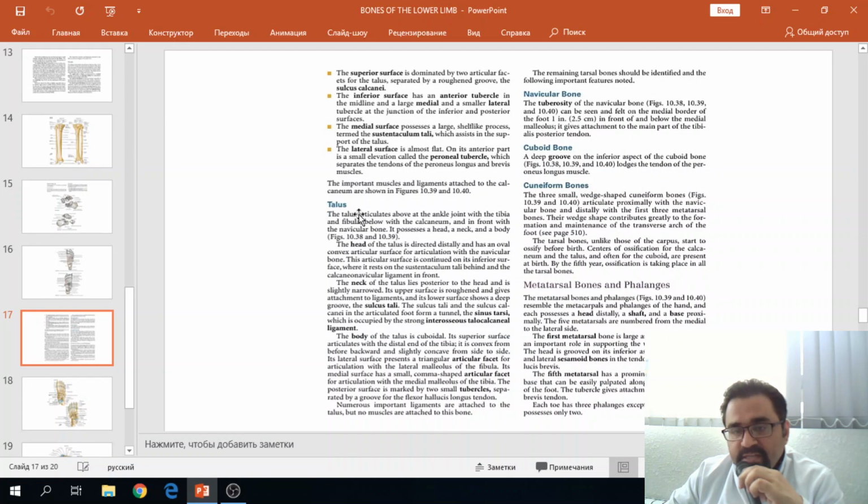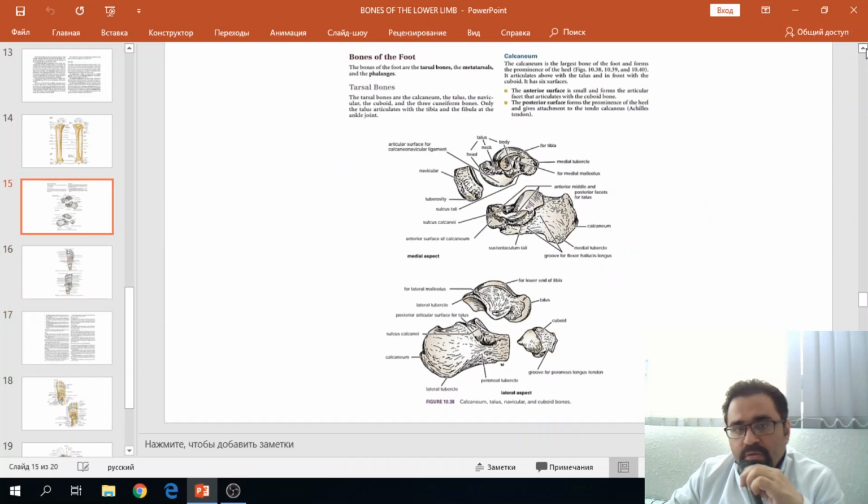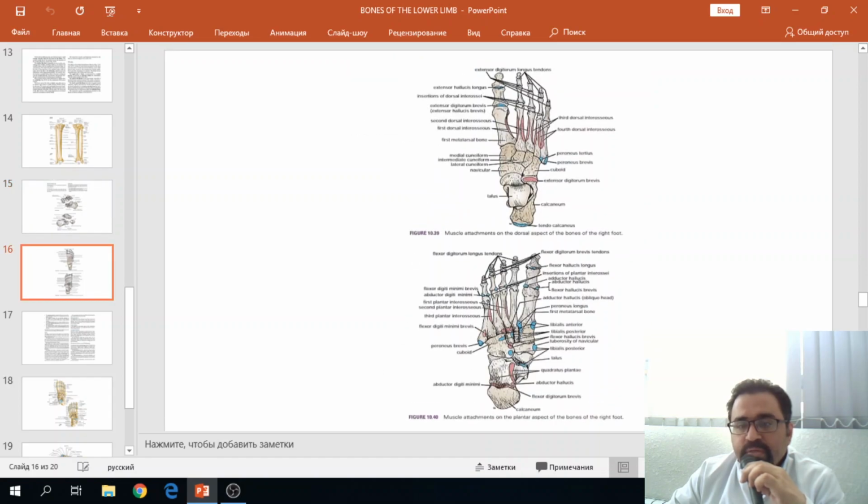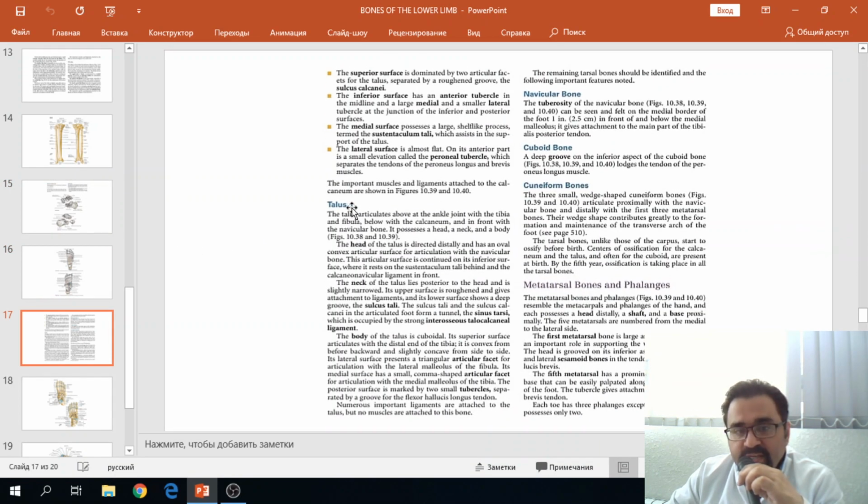This is talus, the first tarsal bone is calcaneum. Then there is talus, which has head, neck, and the sulcus tali, and then the interosseous talocalcaneal ligament for the attachment.